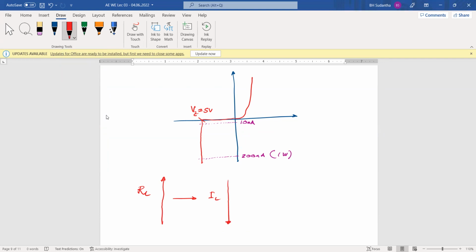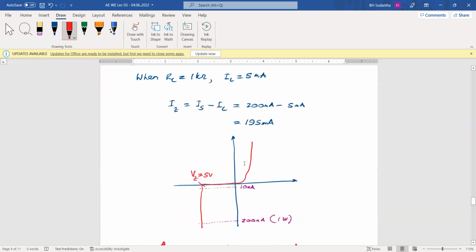When IL is decreased or increased, as a result, IZ can be increased. The reverse is also the same. When RL is decreasing, IL is increasing. When IL is increasing, IZ is decreasing. In both ways, it's okay. Like that, the Zener is working as a voltage regulator.